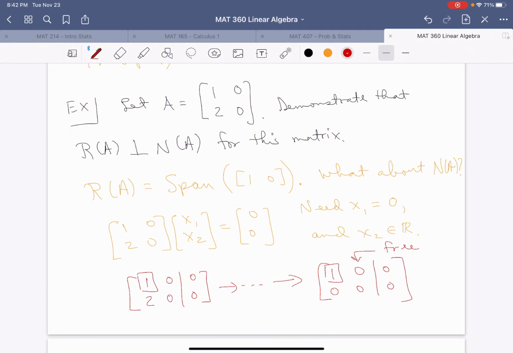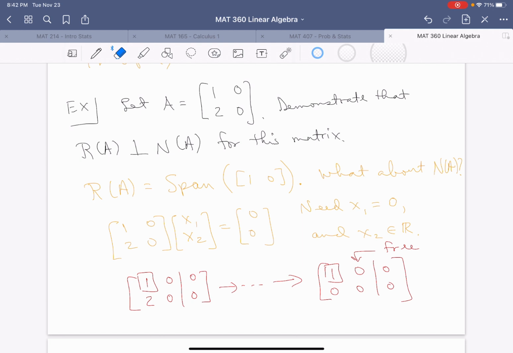So that's the formal method that we've used to see that. But this one was easy to just eyeball and tell.